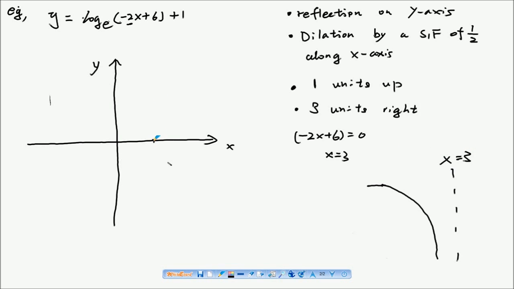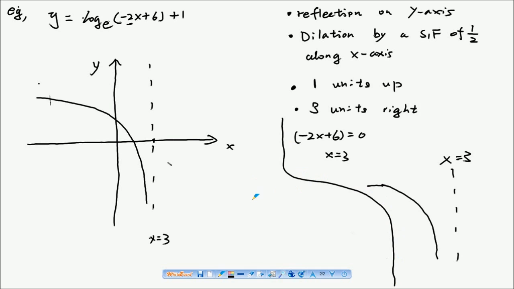So first I sketch the asymptote here when x equals 3. Before it was at x equals 0. Let me sketch the graph. It should look like that. From the graph I can say it cuts the y-axis and also the x-axis, so I will have a y-intercept and an x-intercept. Let's find the intercepts.